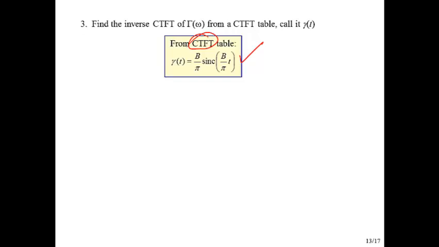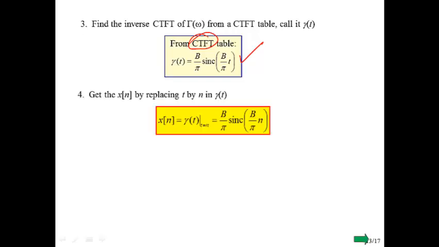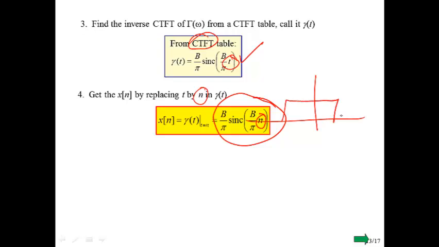So that's right off from our CTFT table. And then convert it into a DTFT result by replacing everywhere there's a t with n. So this is the signal whose DTFT is that rectangle that we started with, and obviously there have to be the replicas.